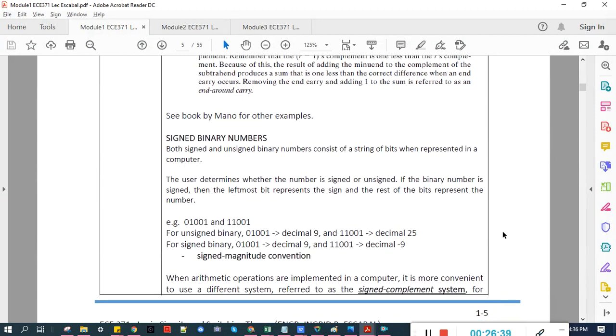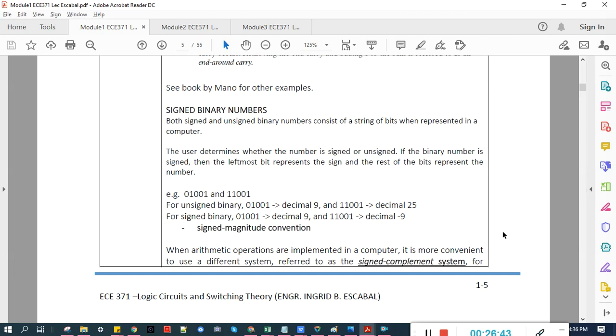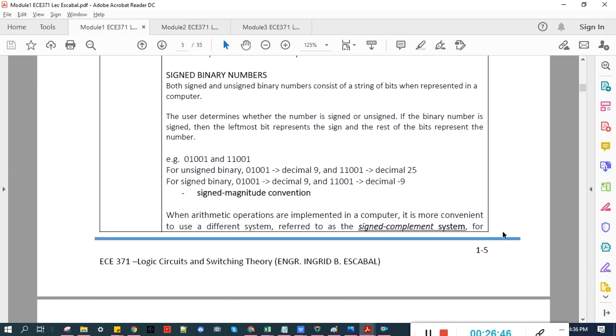Let's go to signed binary numbers. Both signed and unsigned binary numbers consist of a string of bits when represented in a computer. The user determines whether the number is signed or unsigned.